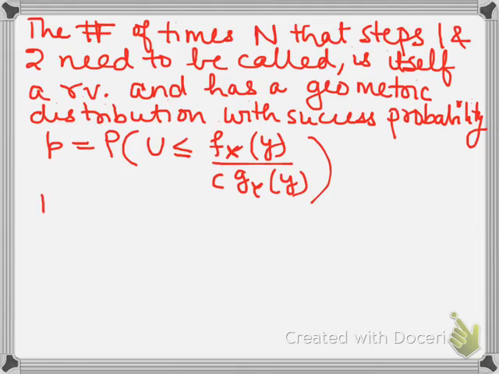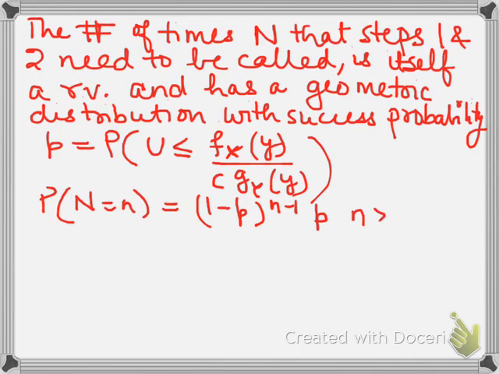So if you had to write the PMF, P of N equal to n is (1 minus p) to the power n minus 1 failures before you achieve the nth success, n greater than or equal to 1.